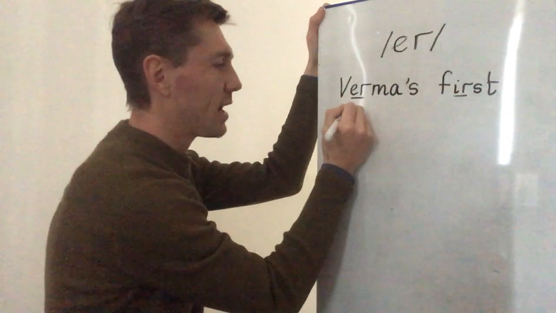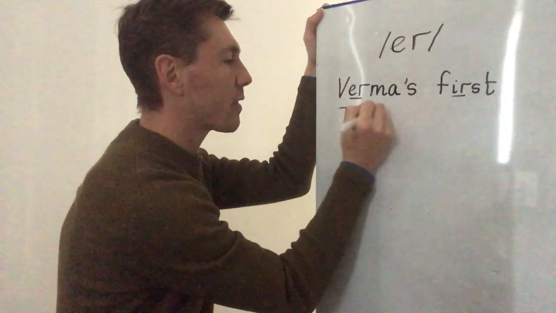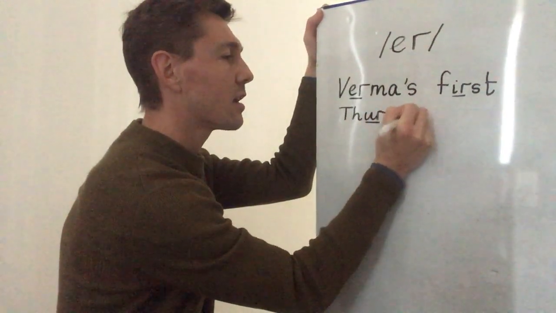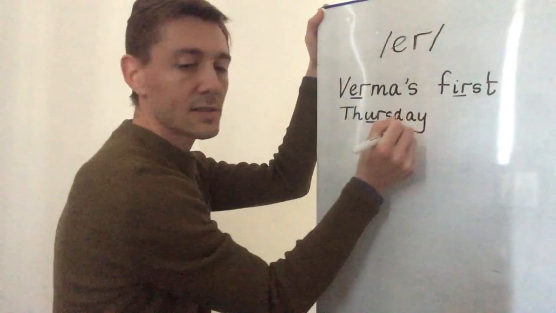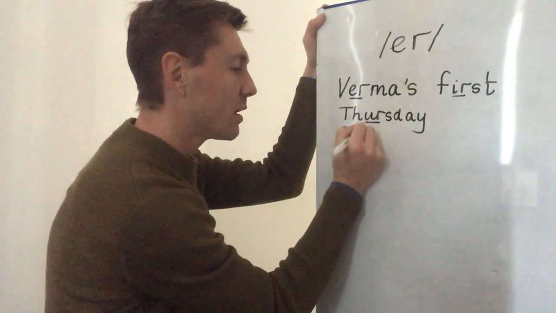The first one you should have is Thursday. UR spelling of the sound, Thursday. The next one that you should have is December.